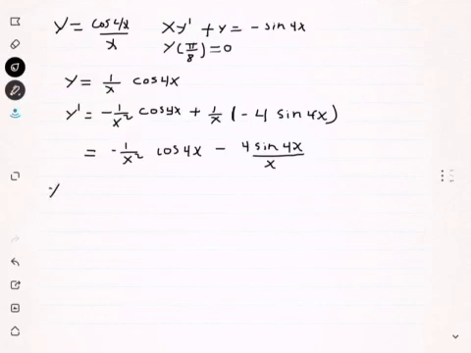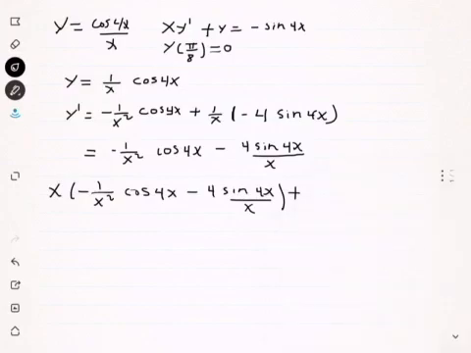So we have x, and then we plug in y prime, which is minus 1 over x squared cosine of 4x minus 4 sine of 4x divided by x, and then we add y, but y is just cosine of 4x divided by x, and we want to see if this equals minus sine of 4x.